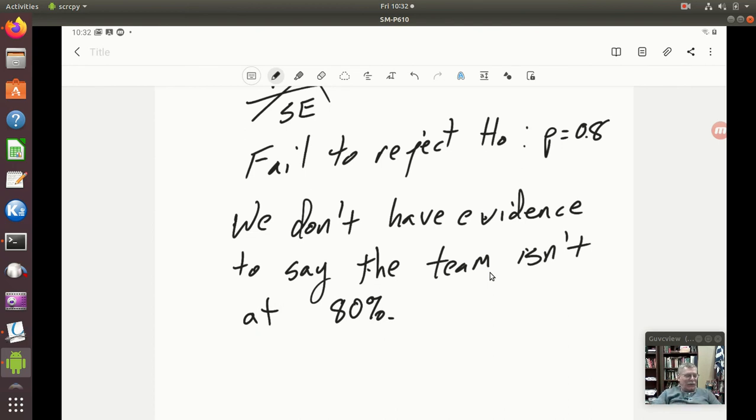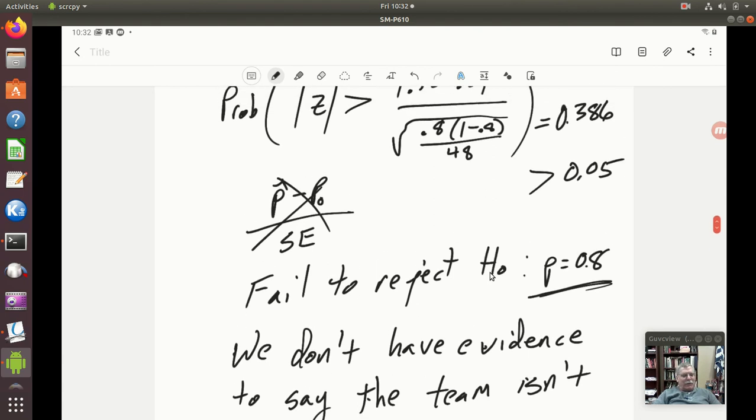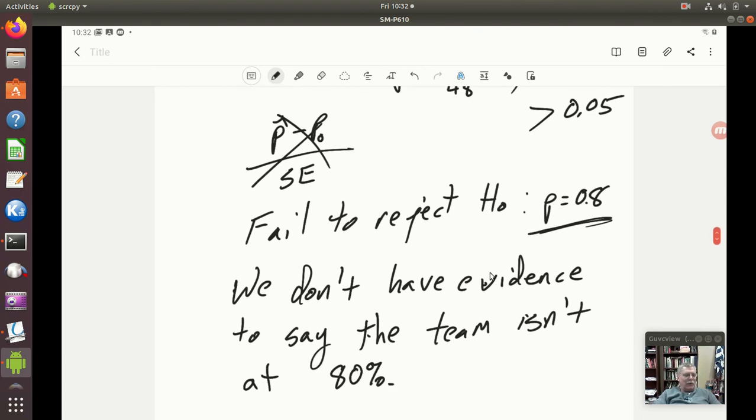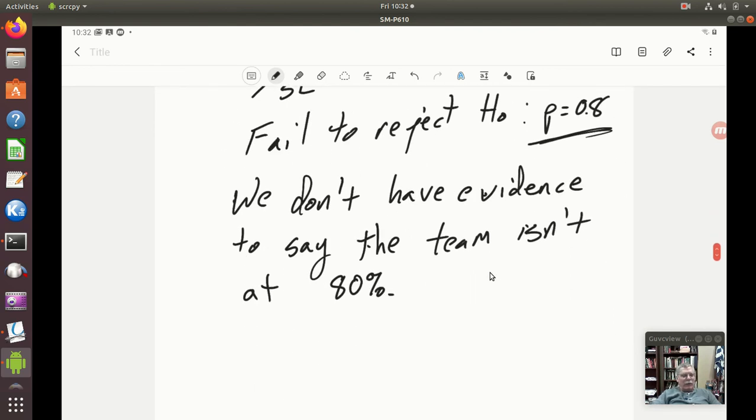But statistically speaking, assuming the team really is at 0.8, it turns out they had almost a 40% chance, 38 to 40%, of only getting 75% of their free throws out of 48 tries.